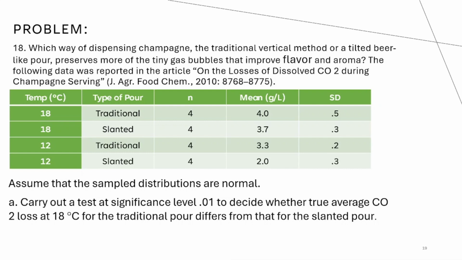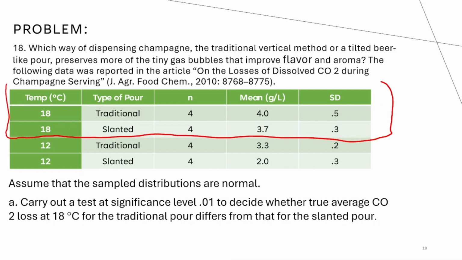But here we go. The following data was reported in the article on the losses of dissolved CO2 during champagne serving. I'm just doing part A, which restricts our inquiry to just this section of the table, because we're only working with the 18 degrees Celsius temperature.